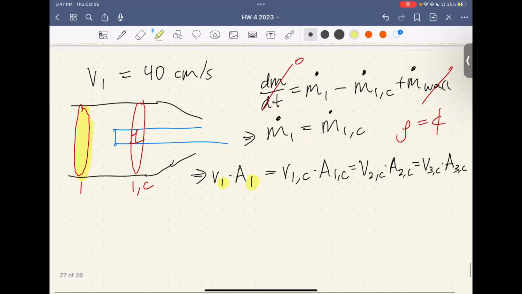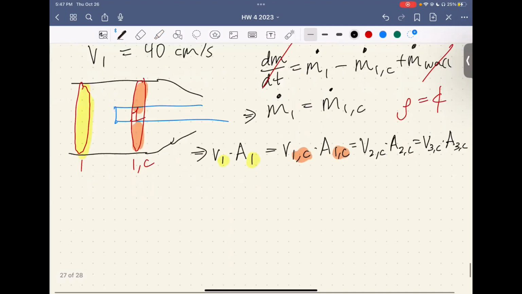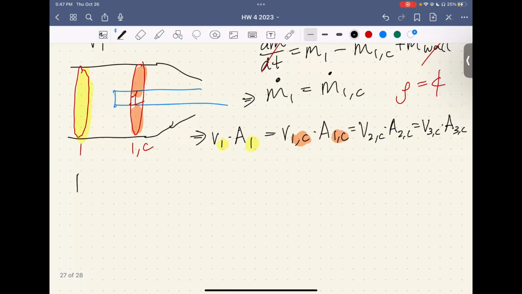Let me show you where that is. So that means this area is going to be V1C times A1C. This makes sense because we are at equilibrium, right?